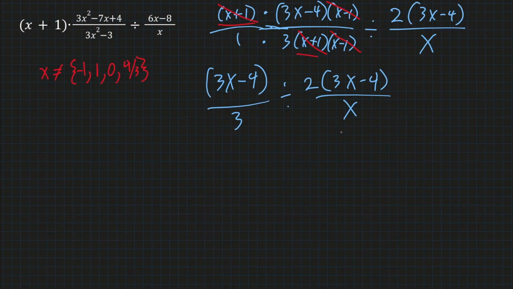When we are dividing two fractions, we're going to use the keep, change, flip rule. That means we are going to keep this the same. We are going to change the division into multiplication, and then we are going to flip this fraction upside down. We're going to take the reciprocal of it. So keep, change, flip. Let's rewrite it.